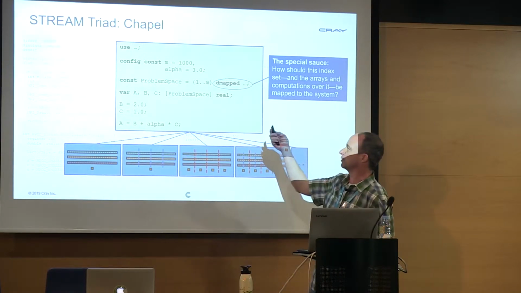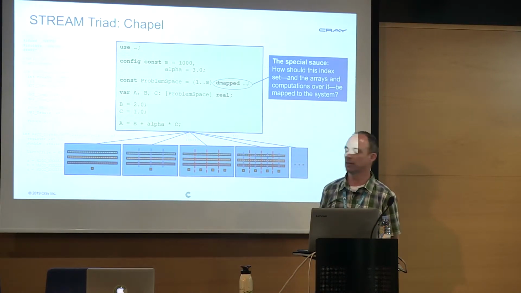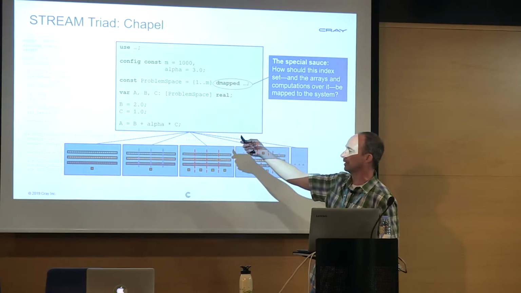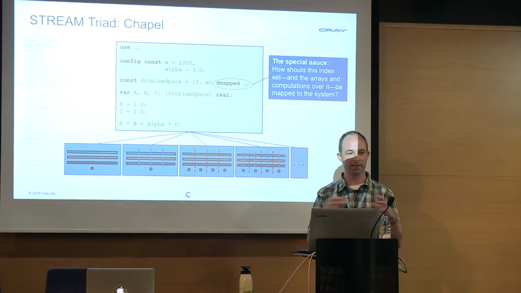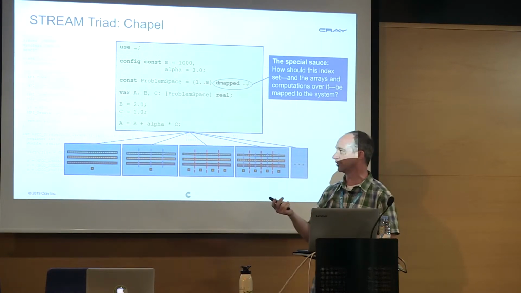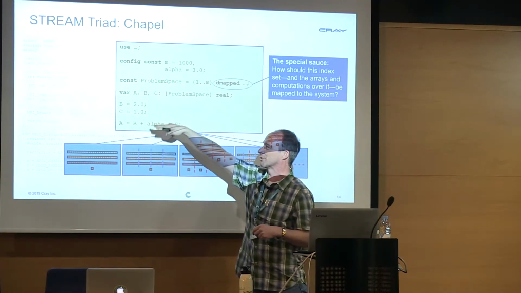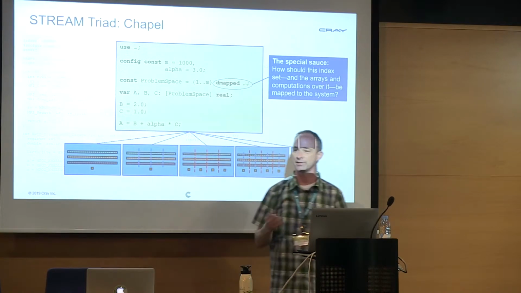And basically what you can do is plug different recipes in there and say, here's how I'd like to map these indices and the arrays over them and the computations over them down to my system. And by plugging in different recipes there, you can come up with very different implementations of this computation without changing the actual science, if you will. Not that there's much science going on here, but the actual computation on the array stays the same.